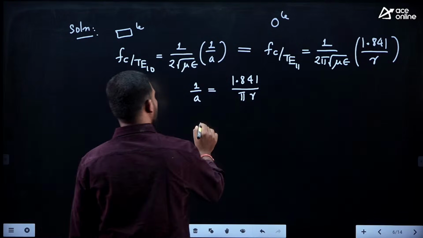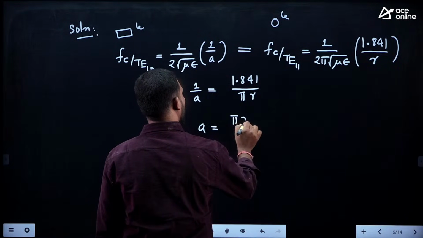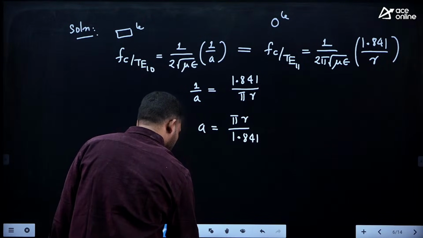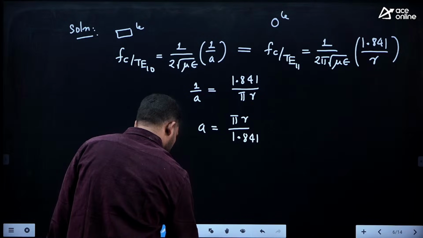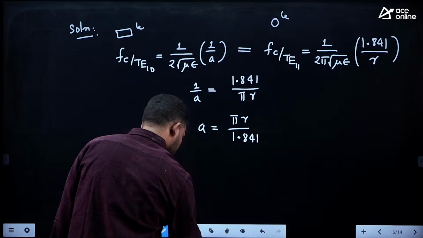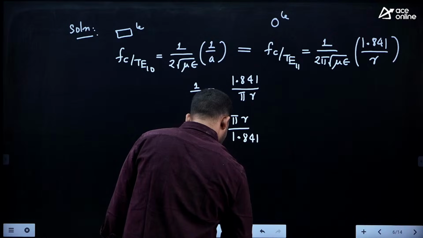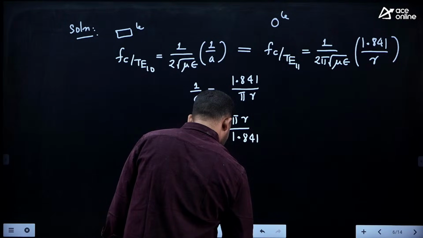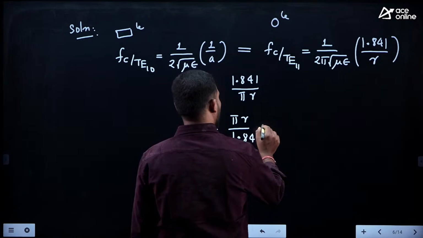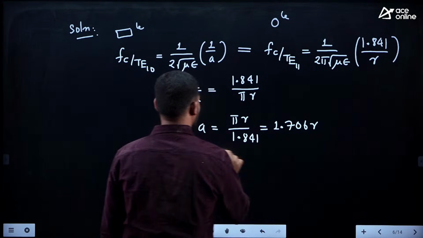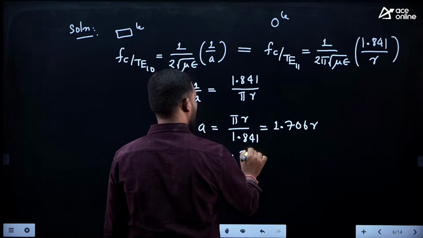So what happens to this a? a is equal to pi r divided by 1.841. So what is the value of pi divided by 1.841? Pi divided by 1.841 is 1.706 r. So approximately a is equal to 2 into r.